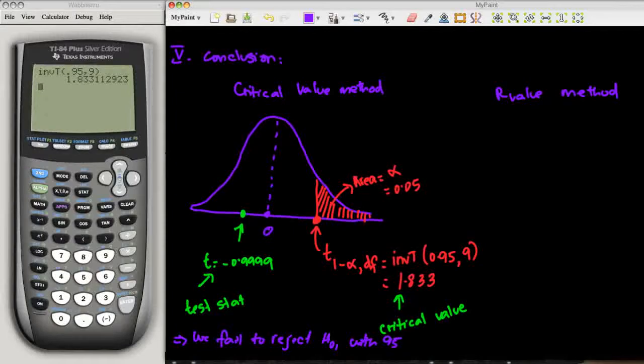Why 95? Because we selected an alpha of 0.05. An alpha of 0.05 would imply 95% confidence.